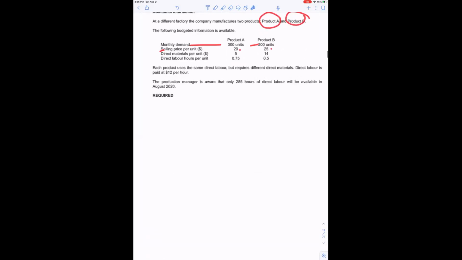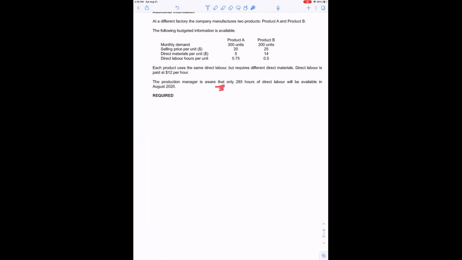Selling price is 20 and 25. Direct material cost is this, direct labor cost is this. Each product uses the same direct labor but requires different direct materials. Direct labor is paid at $12 per hour.